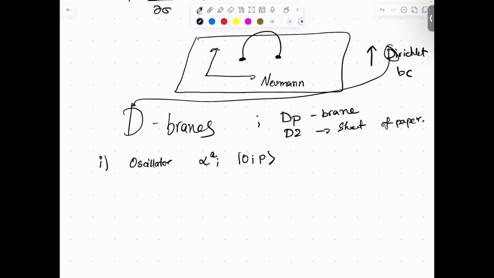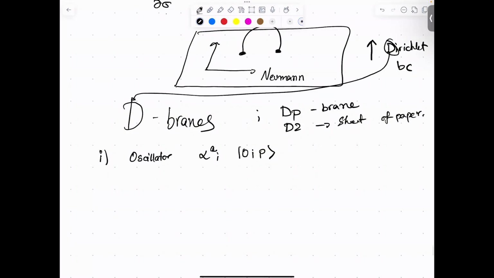A D0 brane would be just a particle. A D1 brane would be a string. A D3 brane, maybe a cube or something, a three-dimensional object. And then it could be more exotic objects, which are hard to imagine from a 3D, 4D person perspective.